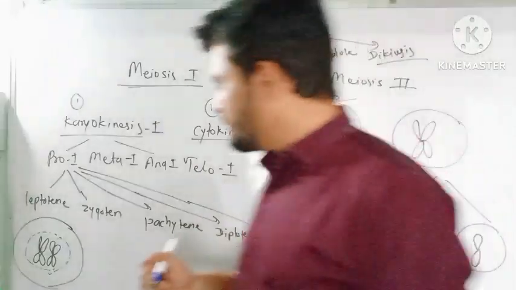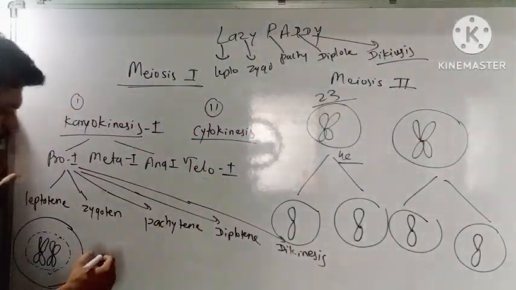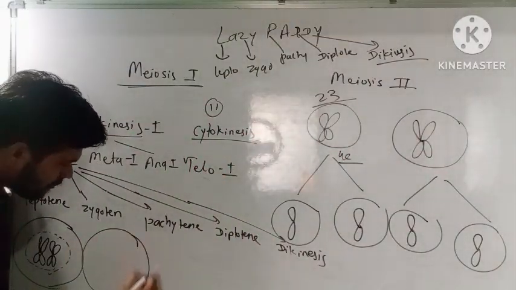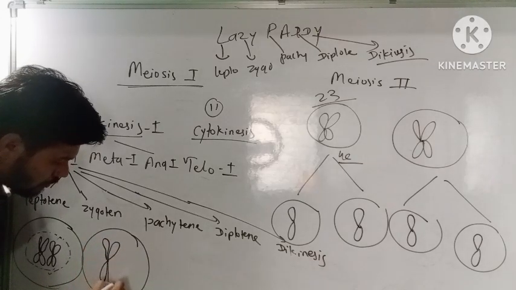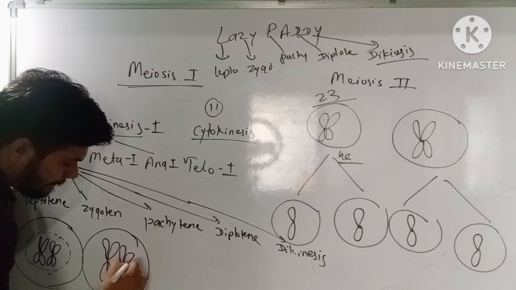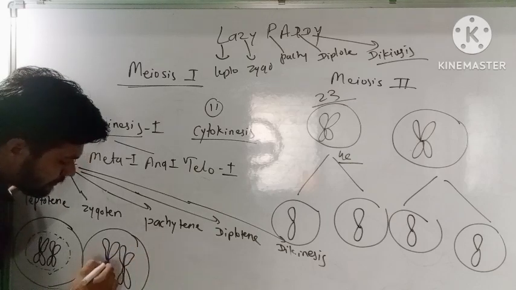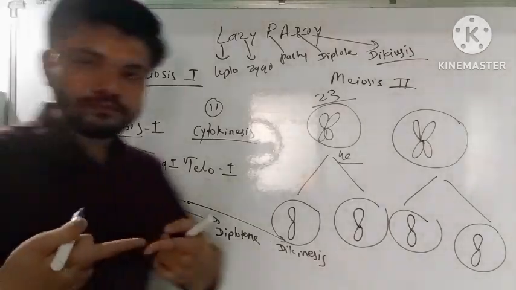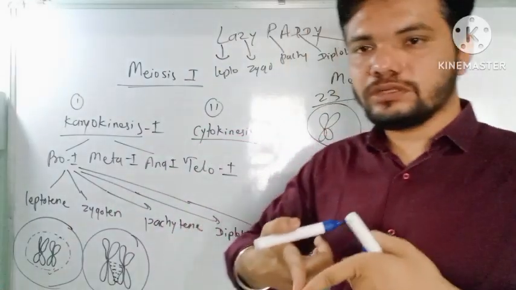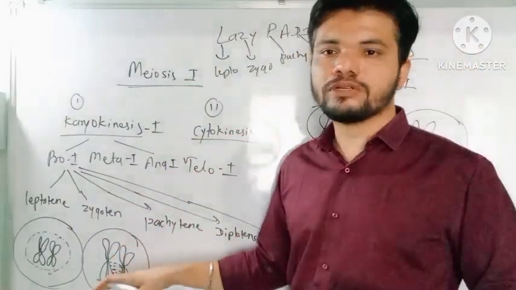Then in zygotene, chromosomes will form a proteinaceous complex. Two homologous chromosomes will form a proteinaceous complex called the synaptonemal complex, and they will join to each other in zygotene.